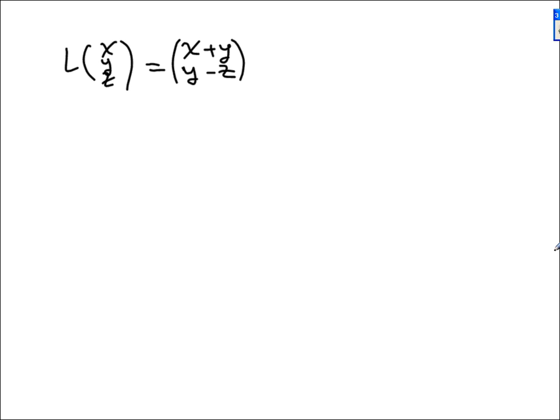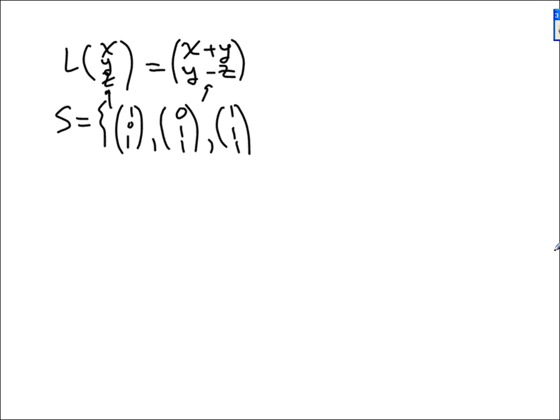So L goes from R3 into R2. But here, we're going to have a different basis. We're going to have 1, 0, 1, call that V1, and then 0, 1, 1, call that vector V2, and then 1, 1, 1, call that vector V3. And that's our basis for V.